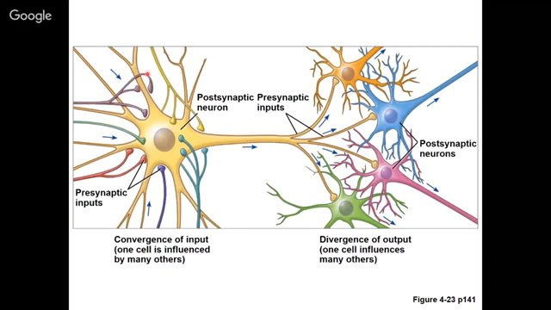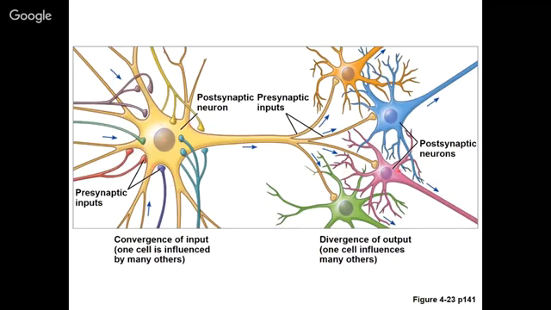Just to leave you off with the picture, showing the convergence situation, which is where we have all our axon terminals converging on a cell body of a receiving neuron.